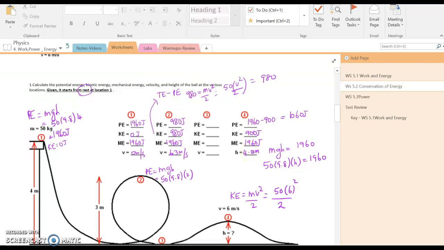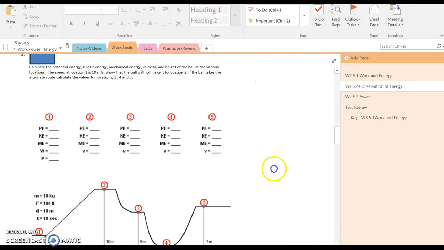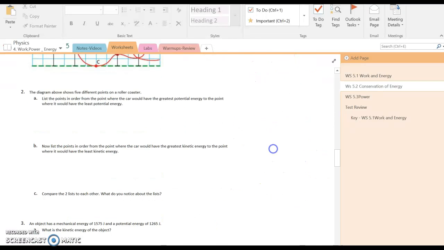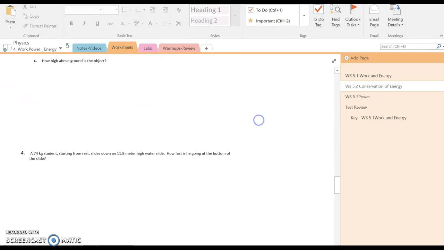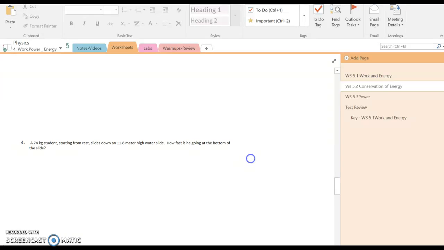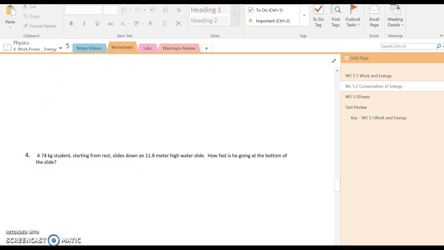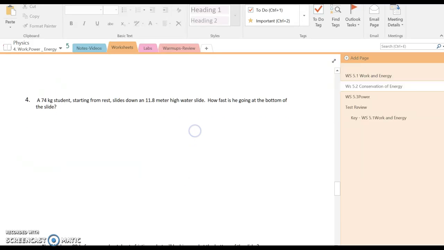So let's do one more example problem as practice, where we have a word problem. Okay, so it says here a 74 kg student starting from rest slides down an 11.8 meter high water slide. How fast is he going at the bottom of the slide?